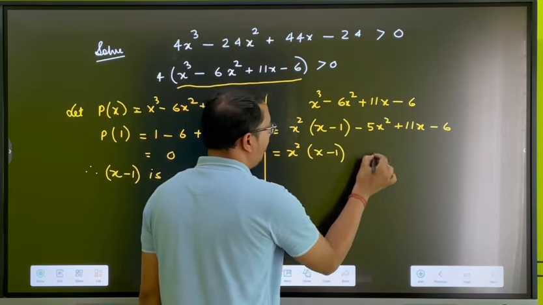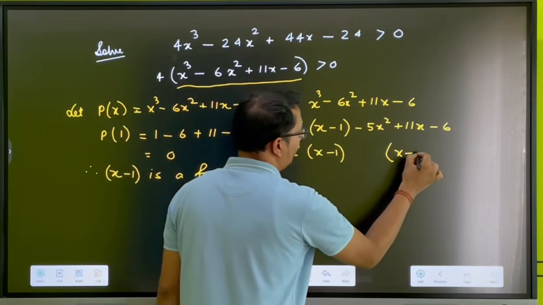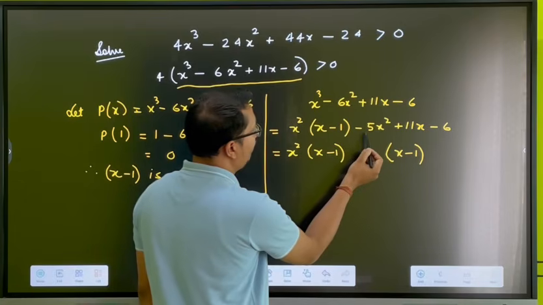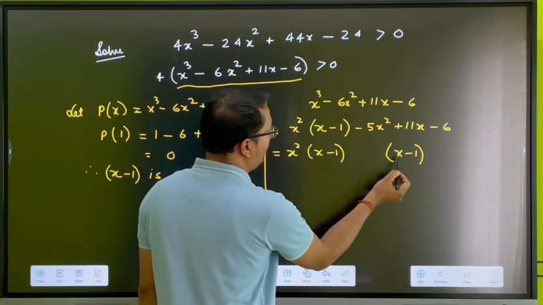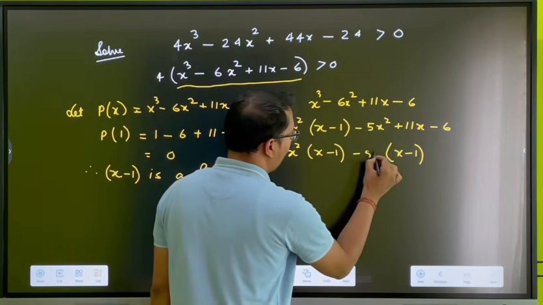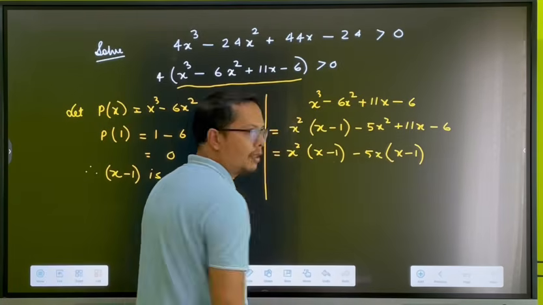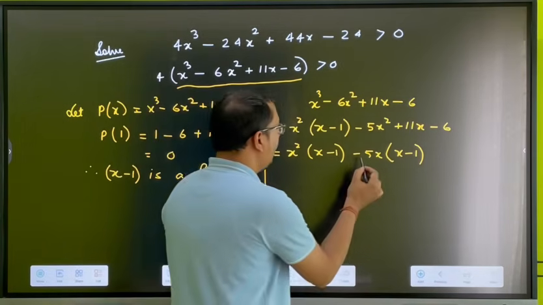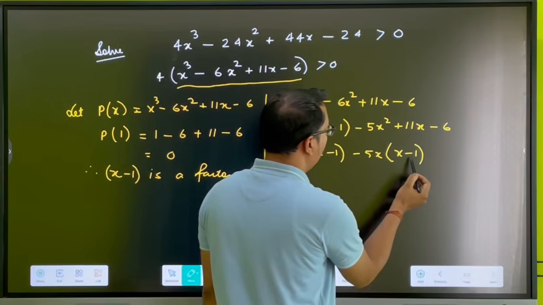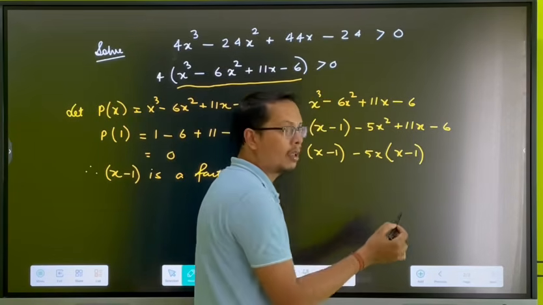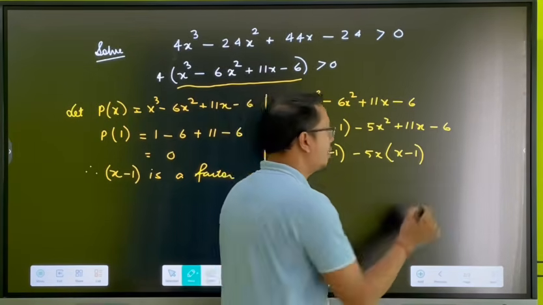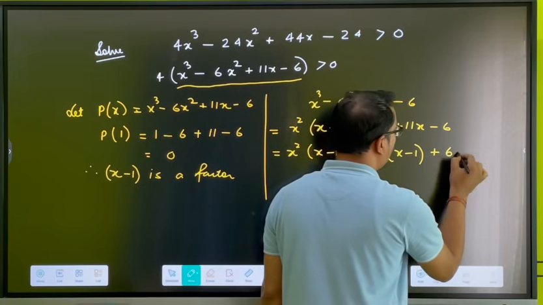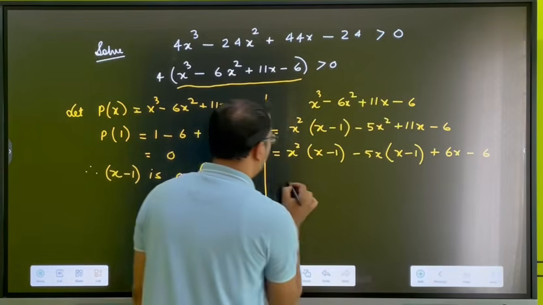We just put here x minus 1. Now here it is minus 5x squared, already x is there, so I write here minus 5x. So this is satisfied. Then minus 5 into minus 1 will be plus 5x. We have 11x, so we have right here plus 6x minus 6.